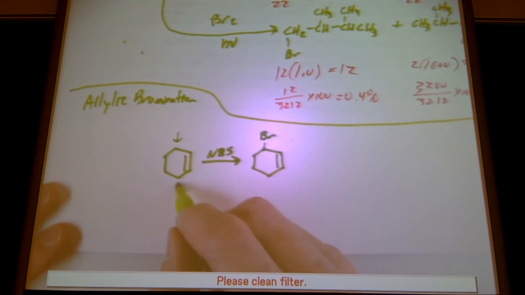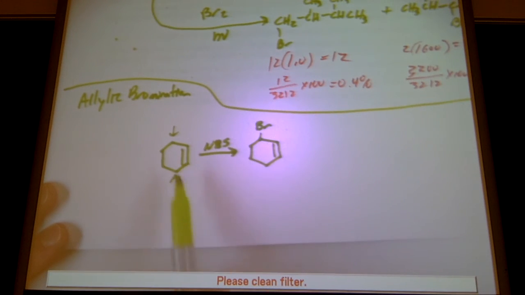The position adjacent to the double bond would be there. But if you put it at either position, it's going to be the same product. You get 3-bromocyclohexene, either way.